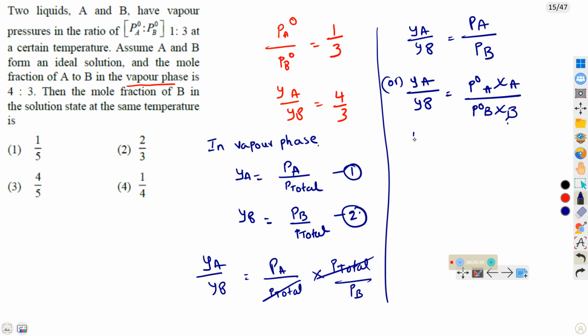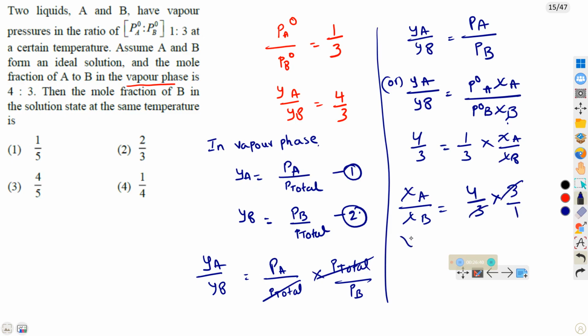YA by YB value is 4 by 3. P naught A by P naught B value is 1 by 3 into mole fraction of A by mole fraction of B. Then mole fraction of A by mole fraction of B is equal to 4 by 3 into 3 by 1. 3 cancel. Mole fraction of A by mole fraction of B is equal to 4. What is the question? Then the mole fraction of B is, okay, mole fraction of A.